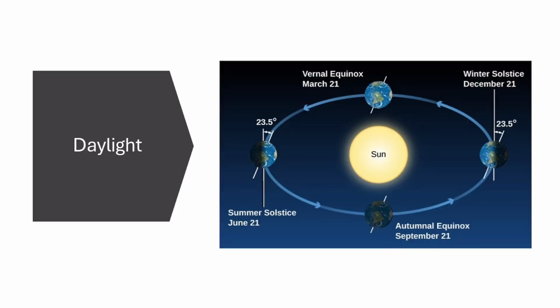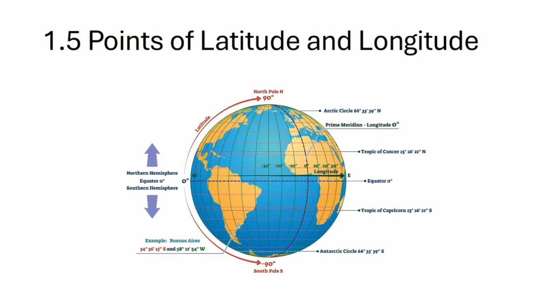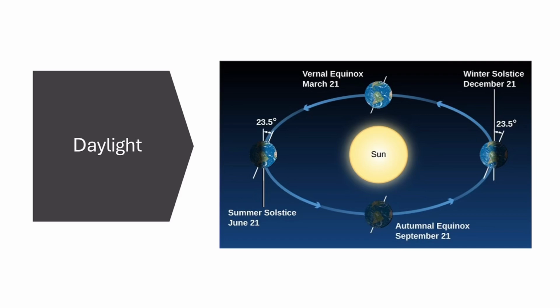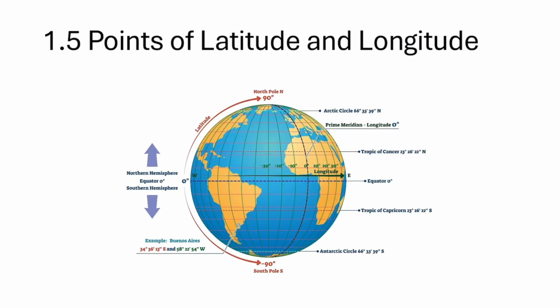So for these other dates, there's a special thing that happens at the circles. On December the 21st, in the northern hemisphere, so the Arctic Circle, for 24 hours there will be absolutely no sunlight.